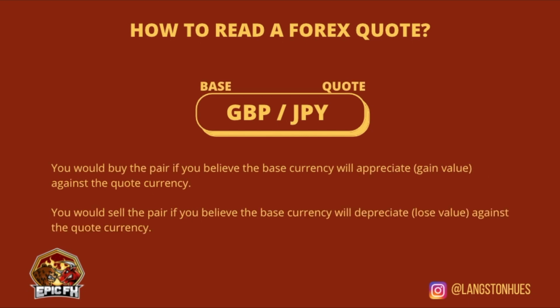You would buy the pair if you believe the base currency will appreciate or gain value against the quote currency, and you would sell the pair if you believe the base currency will depreciate or lose value against the quote currency. So, to sum it up, if you believe that British Pound will strengthen against Japanese Yen, then you will buy. But if you believe that British Pound will weaken against Japanese Yen, then you would sell.